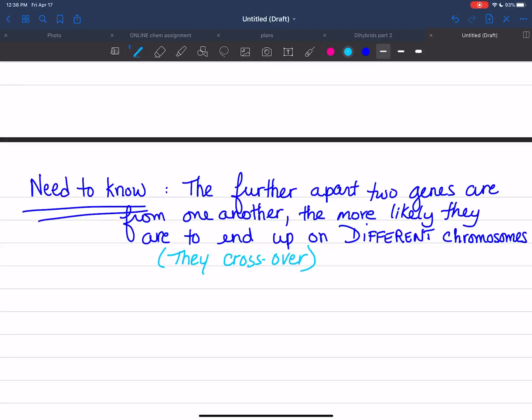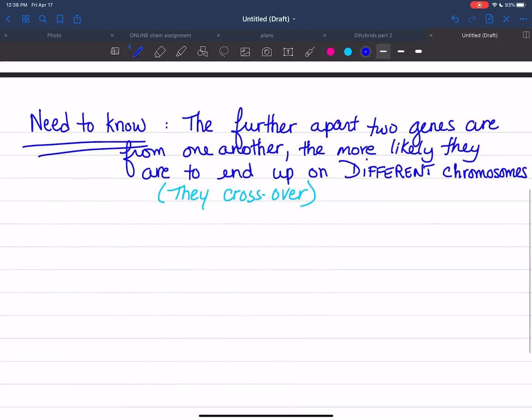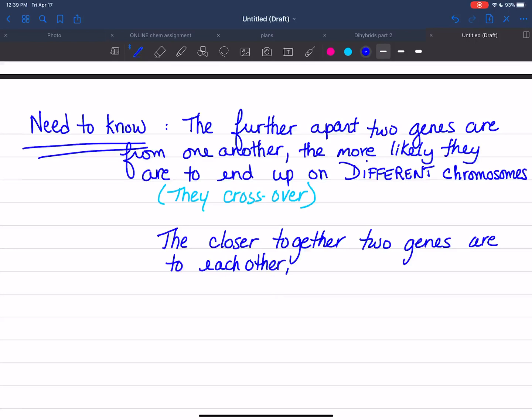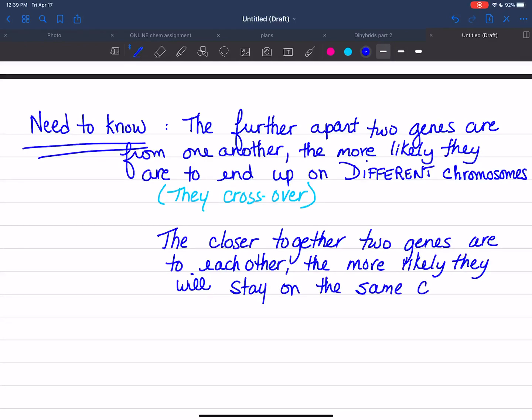Okay, so that being said, the opposite is also true. The closer together two genes are to each other, the more likely they will stay on the same chromosome.